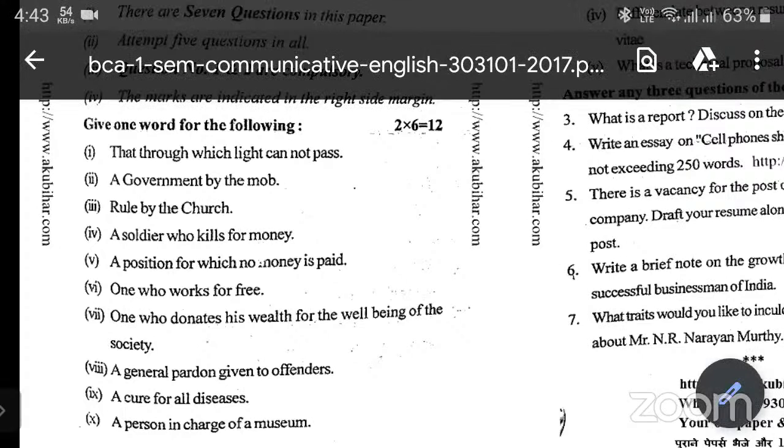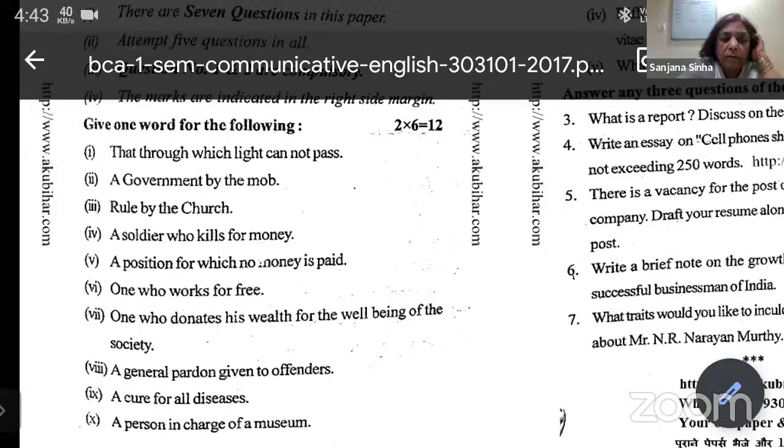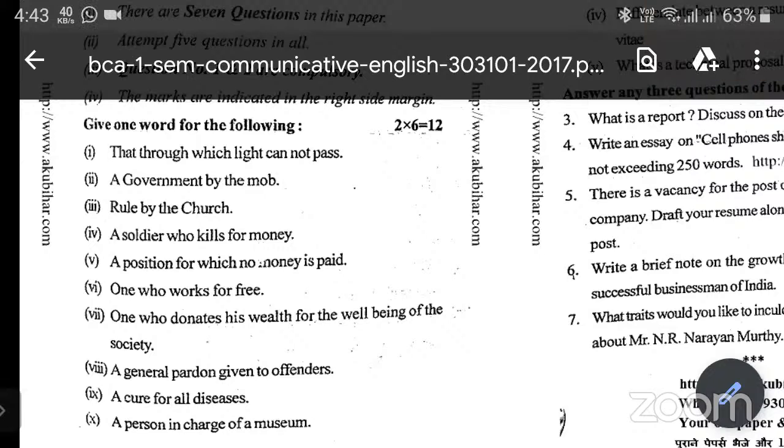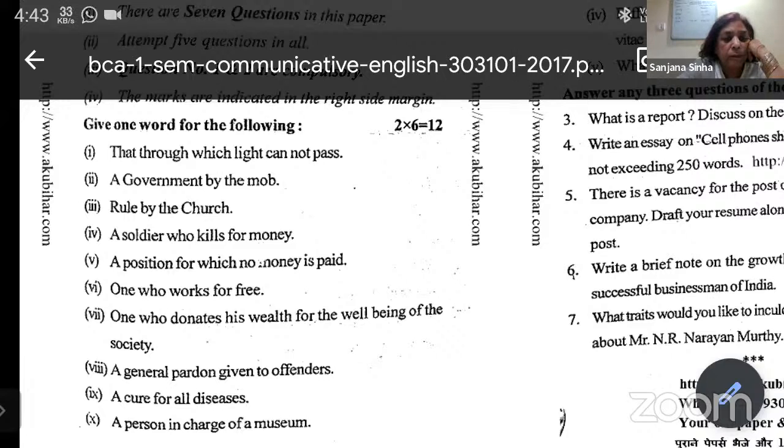Opaque or stone? Stone? No. Opaque. What is the spelling? OPAQUE.